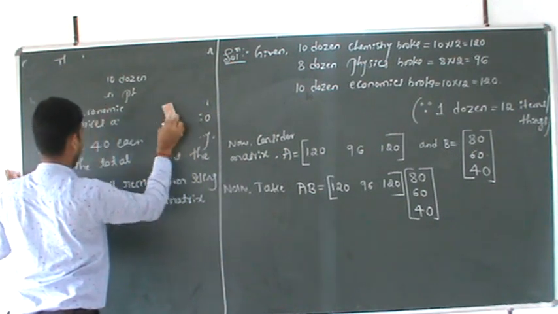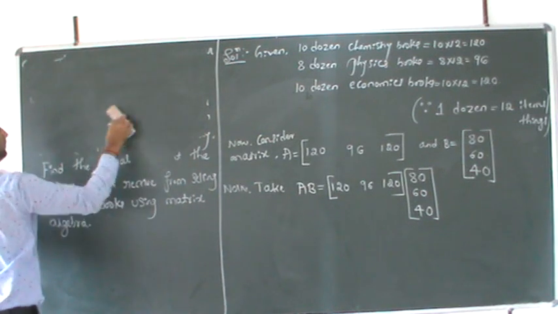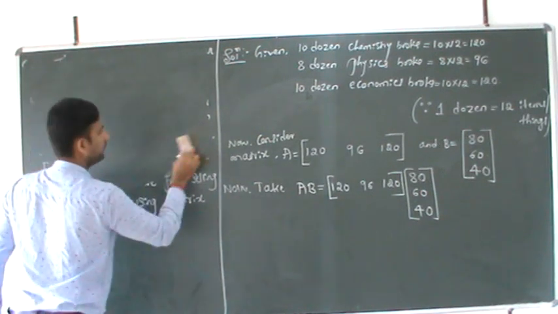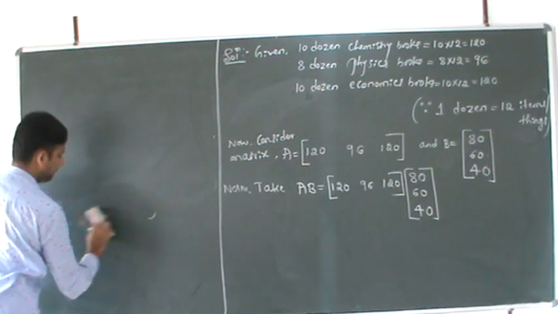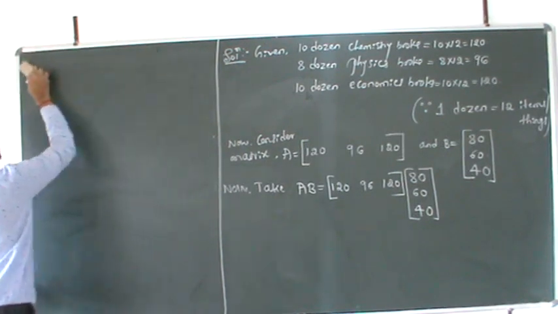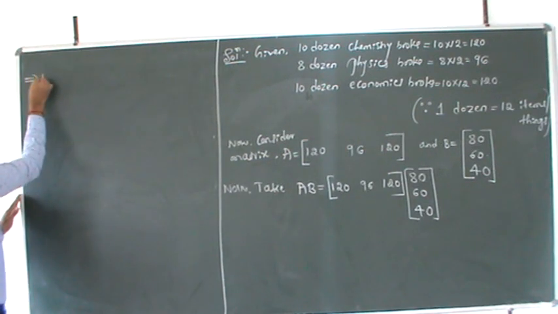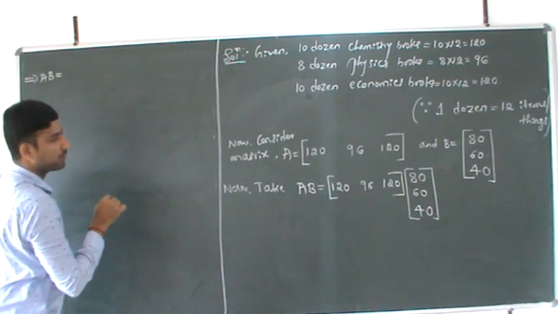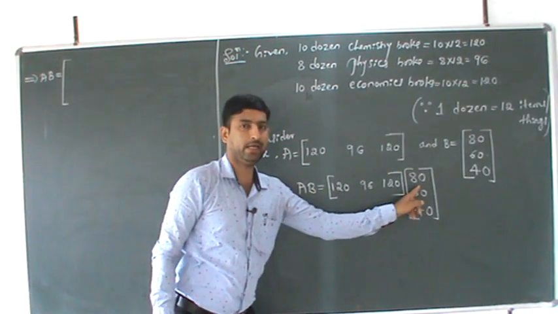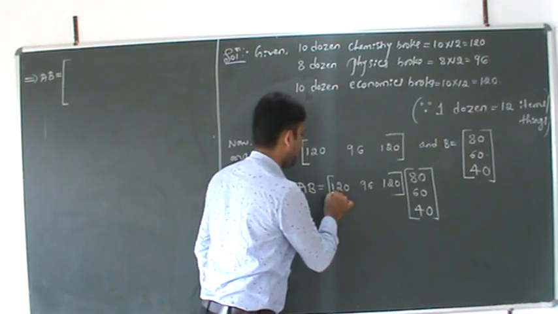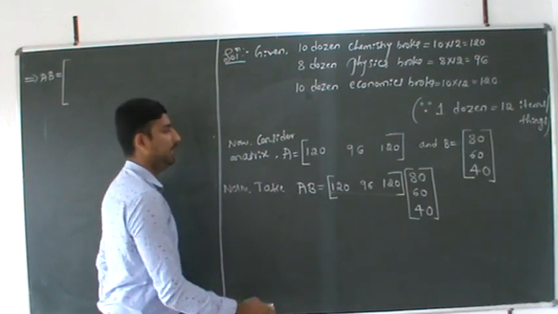Then you multiply, which implies matrix AB is equal to... how to do the multiplication? 120 into 80, first row, first column, 120 into 80. 96 into 60. 120 into 40.